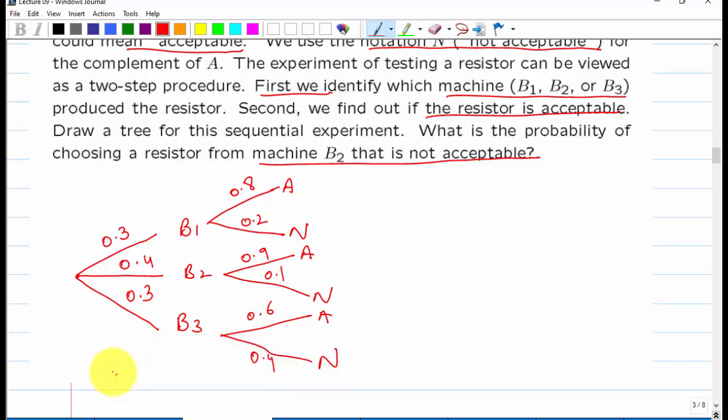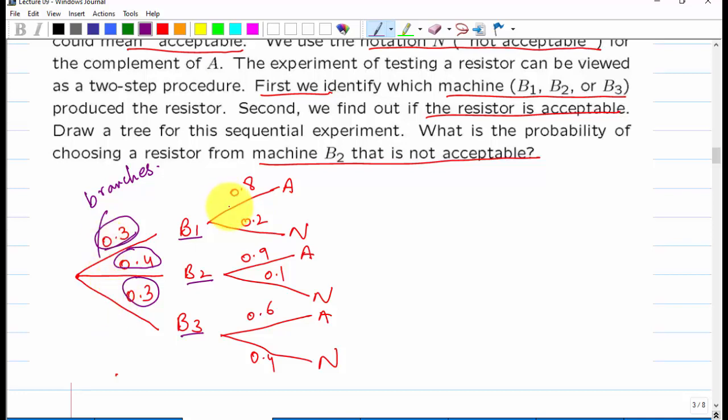Now here we can see that these are branches, and remember that on the branches we represent the probability of that event. The probability that the resistor is from machine B1 is 0.3, the probability that the resistor is from machine B2 is 0.4, and similarly the probability that the resistor is from machine B3 is 0.3.